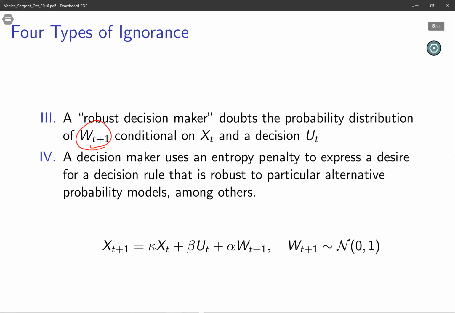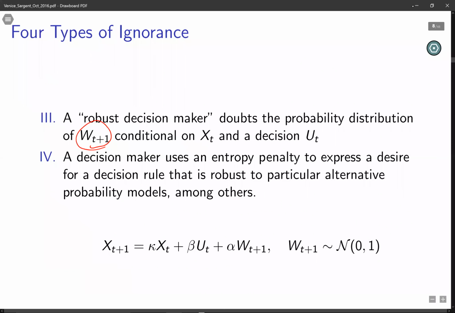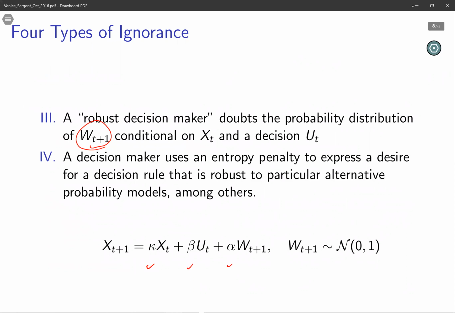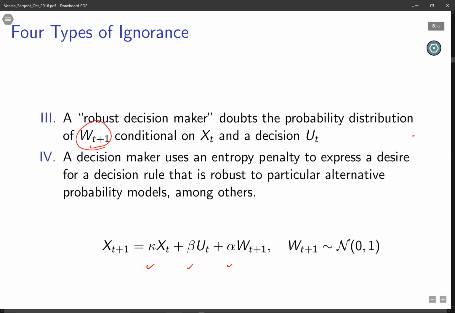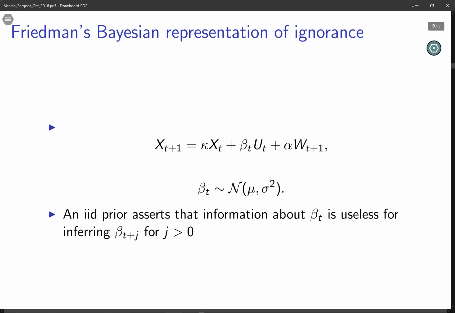And then the final one, if I have time to get to it, is a decision maker who wants decisions that are robust not just to this model, but to some models that are perhaps nearby, but have different parameter values, possibly time-varying parameters. The relationship between these is intricate. Okay, so let's get started.